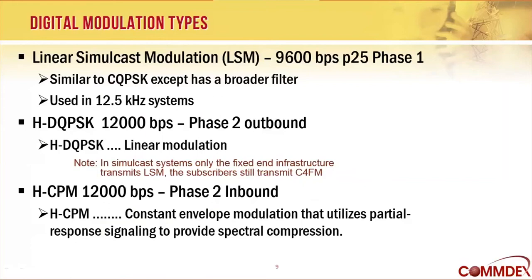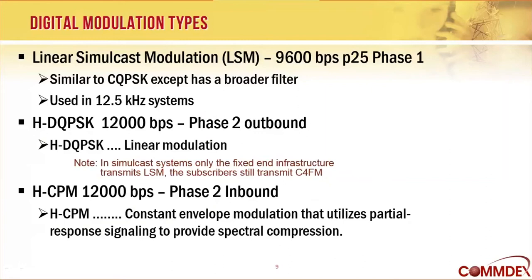And the reason for that is that these more sophisticated and complex modulation schemes are difficult to implement on a portable or mobile radio, and they're expensive to produce. So they are best found on the outbound signal, where the key goal with the outbound signal in a simulcast system is to provide the minimum amount of phase delay.